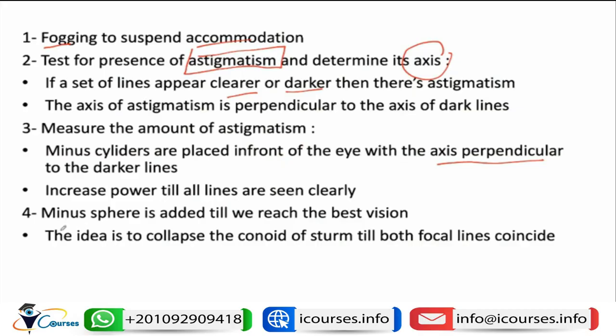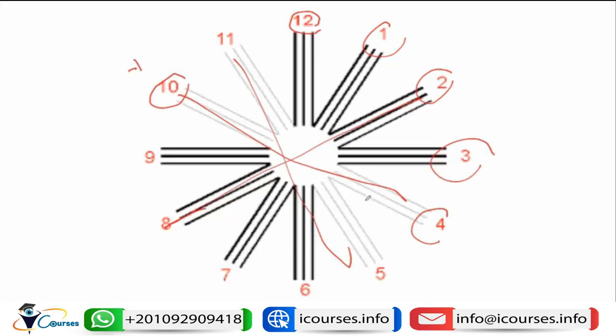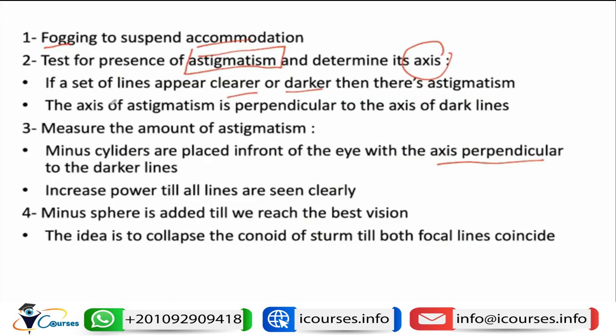Then the minus sphere is added until we reach the best vision. So we add minus 1 sphere, minus 2 sphere, minus 3 sphere, until the patient reaches the best corrected visual acuity.